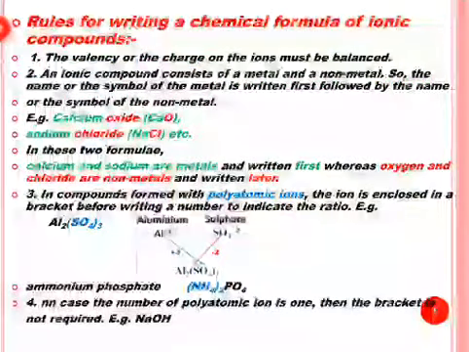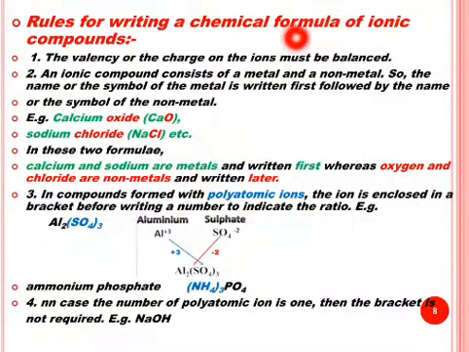Now let us learn the rules for writing a chemical formula of ionic compounds. First, the valency or charge on the ions must be balanced. As an ionic compound consists of a metal and a non-metal, the name or the symbol of the metal is written first, followed by the name or the symbol of the non-metal.